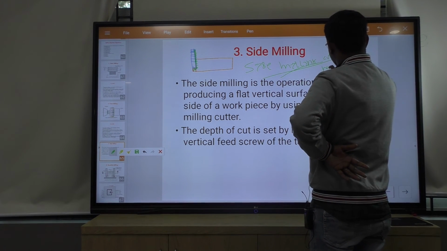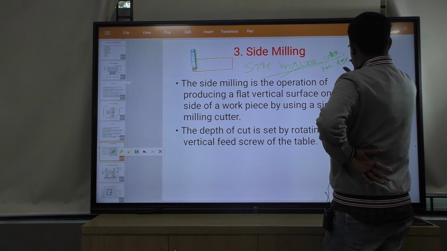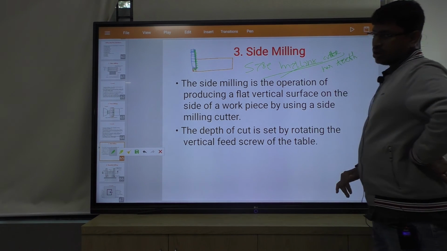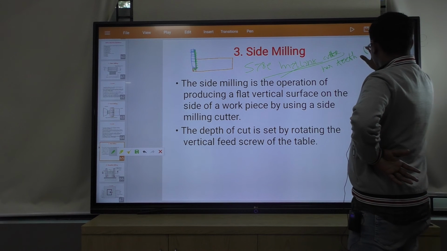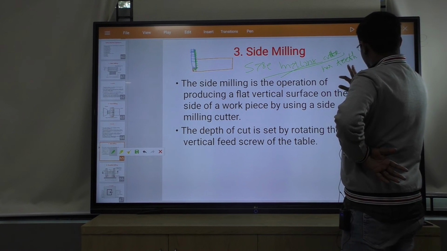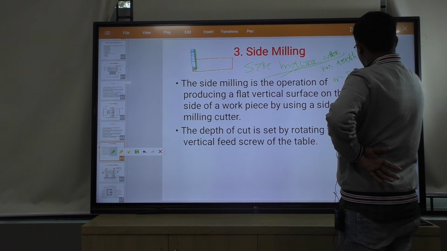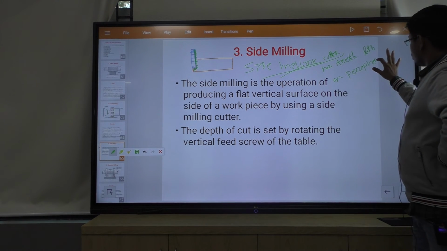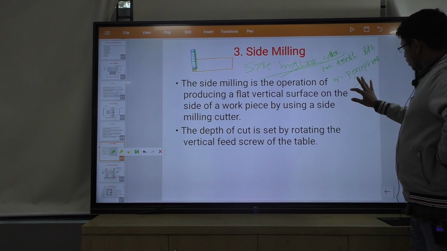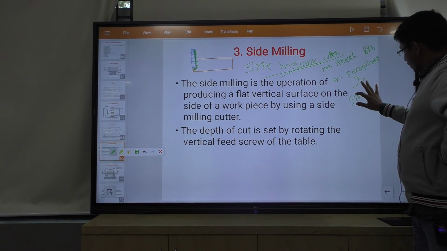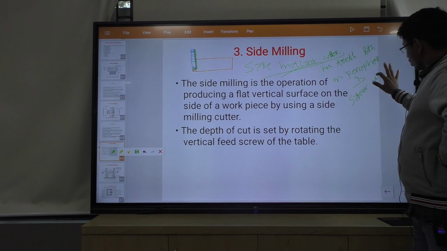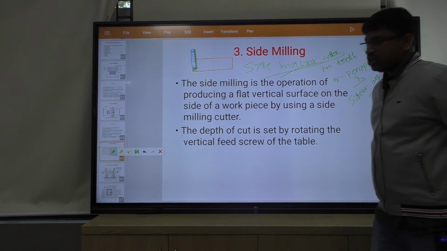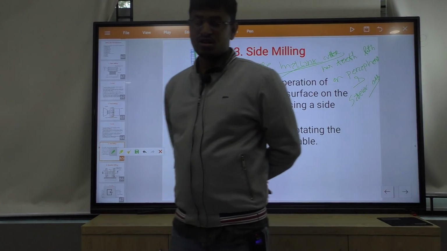has teeth. Side milling cutter has teeth both on the periphery and on the side of the cutter.